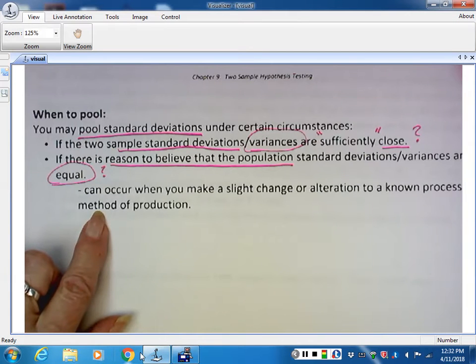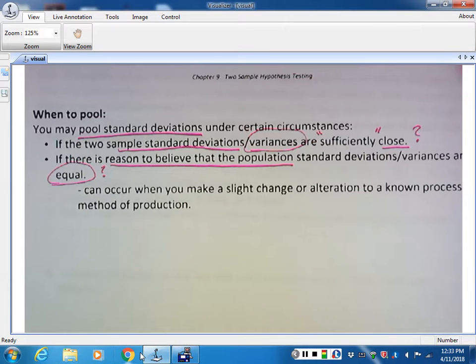That can only occur if you make a slight change or alteration to a known process or method of production in some kind of manufacturing. Like if you just perform some kind of maintenance on a line that fills cereal boxes and you want to make sure that it's hitting the new mean, you could make the assumption that the adjustments you made didn't change the standard deviation from what it was before. It only changes the mean. But since we're not usually the ones making those changes, then we're not going to want to judge any of that. So here's my conclusion.